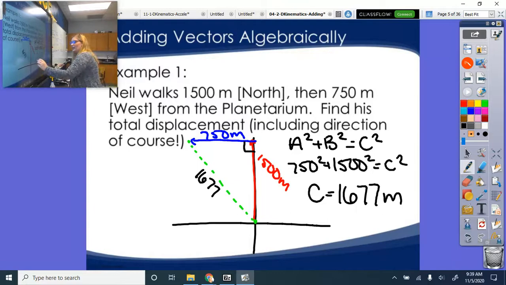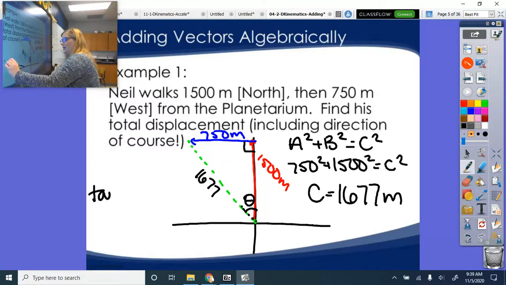Yay! So what I need to figure out is what direction that vector is heading. So I'm going to find this angle right here, and I have all of my sides, so I can use pretty much any trig that I want to, but I'm going to go ahead and use tangent because it's using the two numbers that I didn't solve for myself. So that means that even if I got 1677 wrong, I could still get my direction correct.